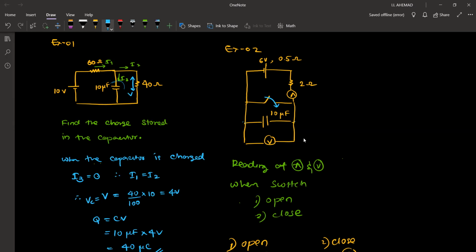In this circuit, the current can flow continuously. So 6 is equal to 2.5 I, I is equal to 2.4.